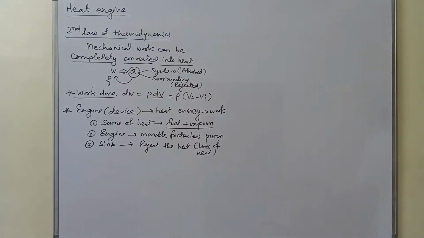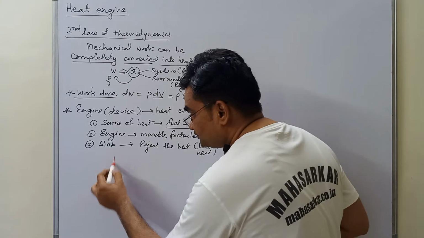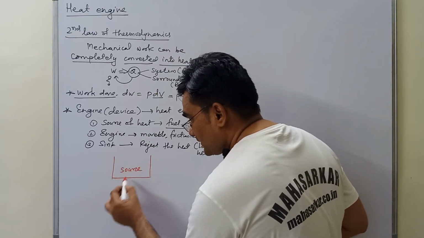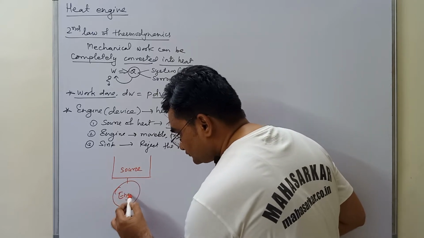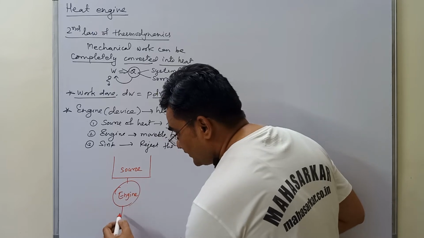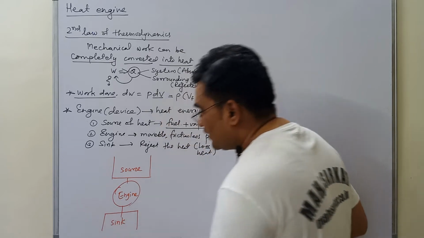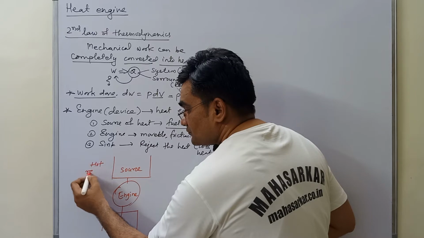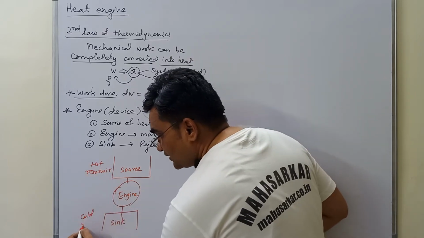Now, when we discuss the heat engine in detail, what is the basic general block diagram of heat engine? Suppose this is the source of the heat. This is the actual engine, and finally here there will be the sink, or I will call it the hot reservoir, and this will be called the cold reservoir.